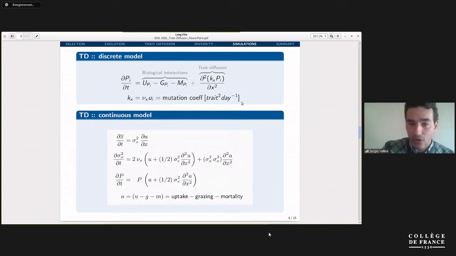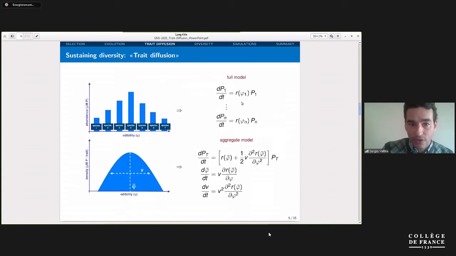So if we take this equation and go back to the previous slide, basically what it says is that inside this little bar, a given size class can go up and down depending on the way they take up nutrients, primary production, how much they are being grazed on by predators on the top, or the background mortality.